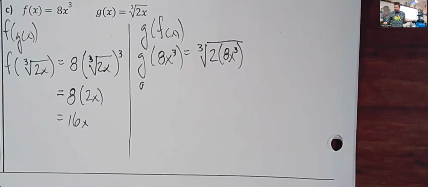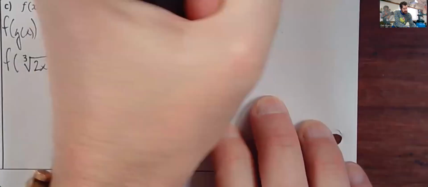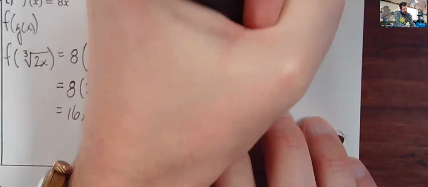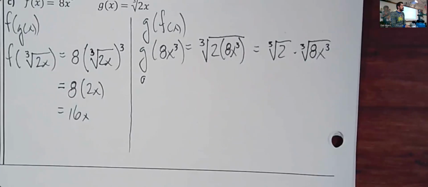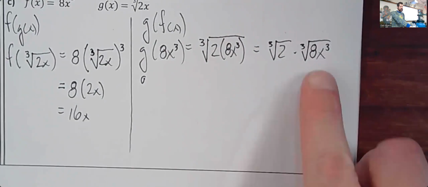So you could do that, but you'd probably end up splitting it apart anyway. Wouldn't this be equal to the cube root of 2 times the cube root of 8x cubed? I mean, we could write it like that. What is the cube root of 8x cubed?